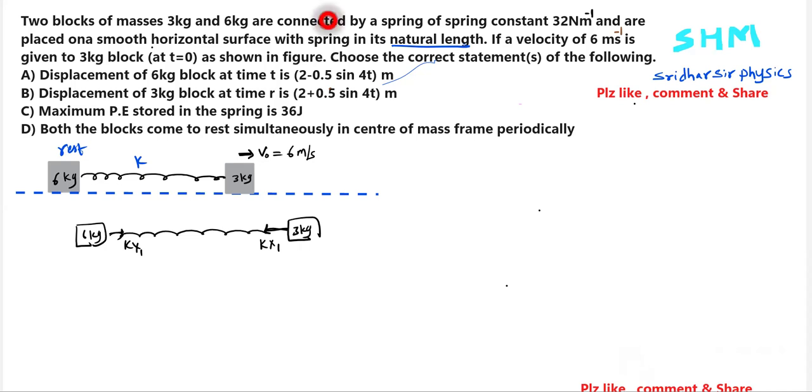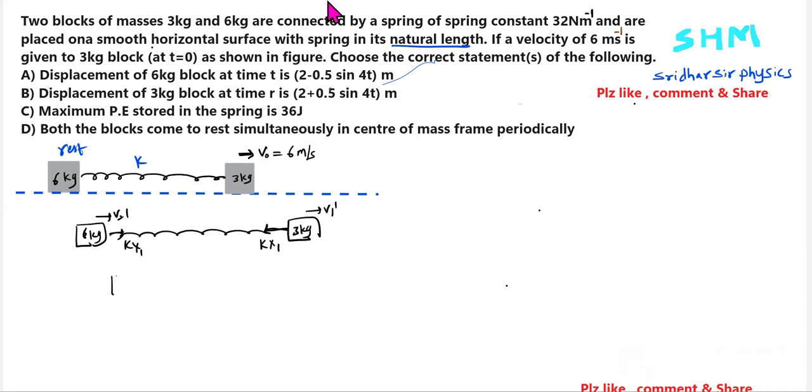Because of this spring force acting, the velocity of the 3 kg block will decrease slightly. Let it have some velocity v1 dash. Because of this spring force, the 6 kg block starts accelerating and acquires velocity v2 dash.